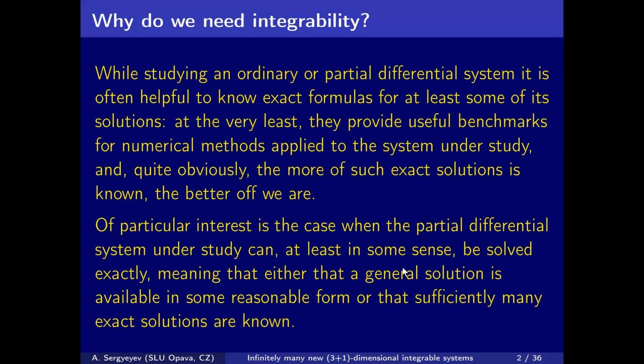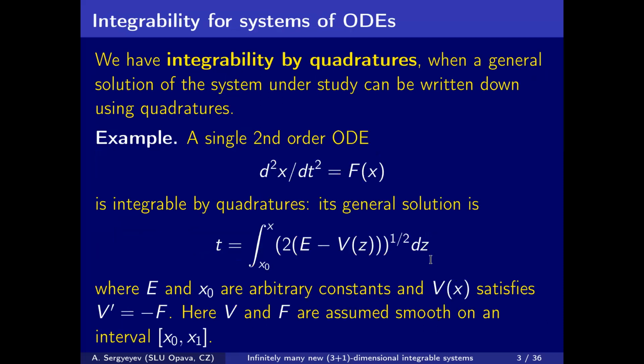Okay, and of course, it's nice if we are lucky enough that our system can be solved exactly in some reasonable sense. And the question is how we formalize that and what we can expect.